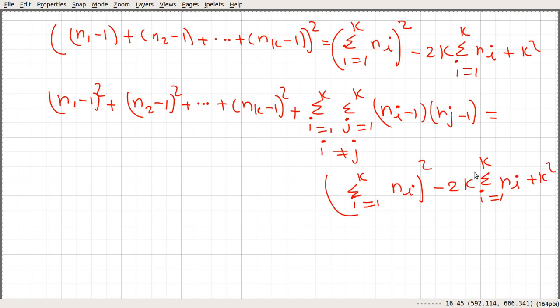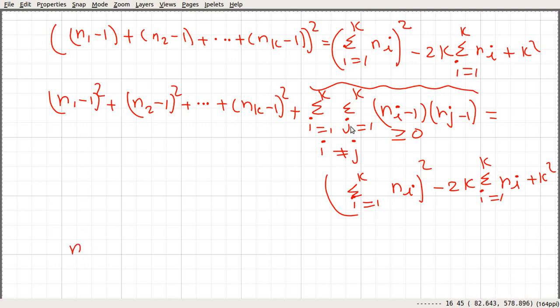Okay, so here we can see that this term, the sum of the product of cross terms, is always greater than or equal to 0. Next we are going to drop this non-zero quantity from this side. So if you drop some non-negative quantity from this side, then definitely the left hand side will be less than or equal to this one, right.